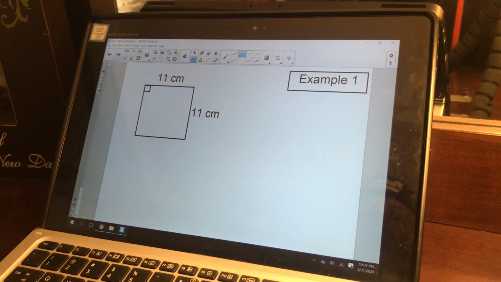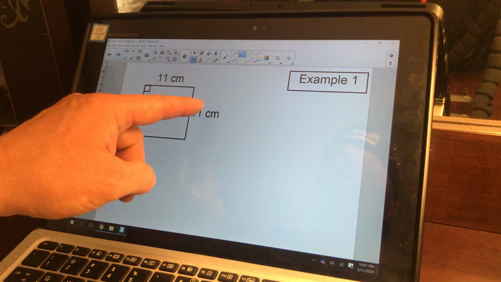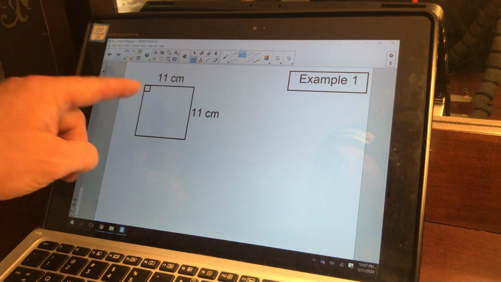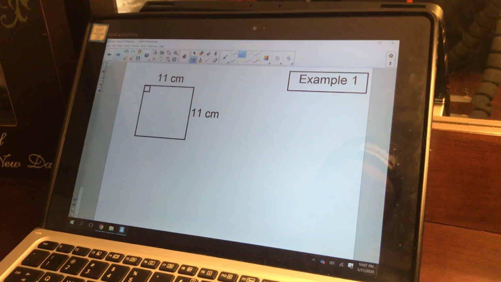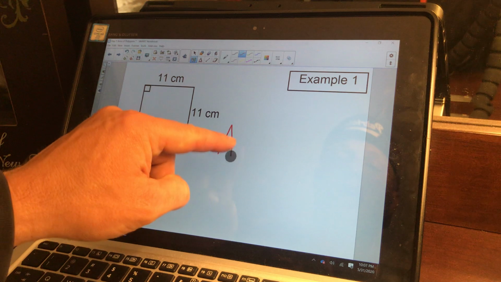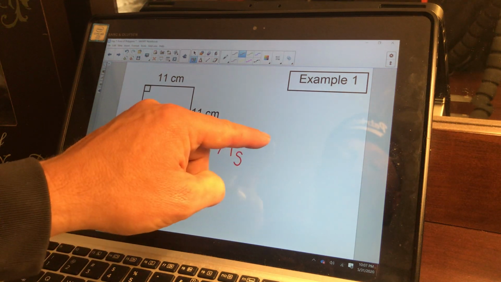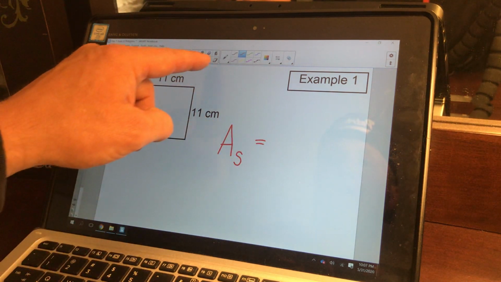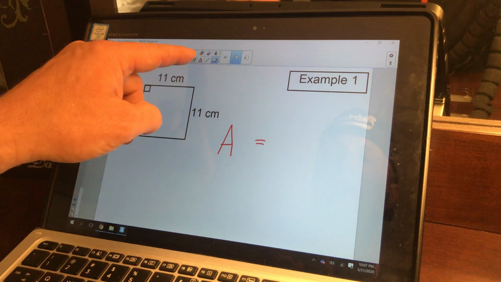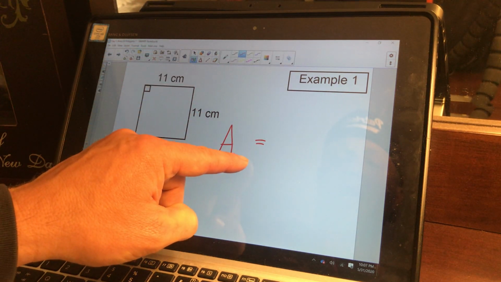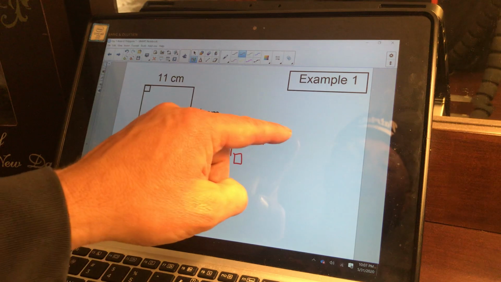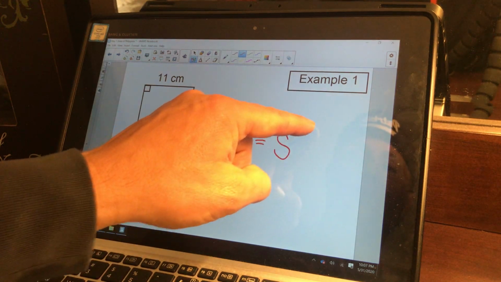Okay, so first example, 11 centimeters and a right angle in the corner. Well, that tells me that this is a square. Area of a square equals, I'm just putting an S there, or you know what some people like to do? They actually like to draw that actual shape. Area of a square is side squared.